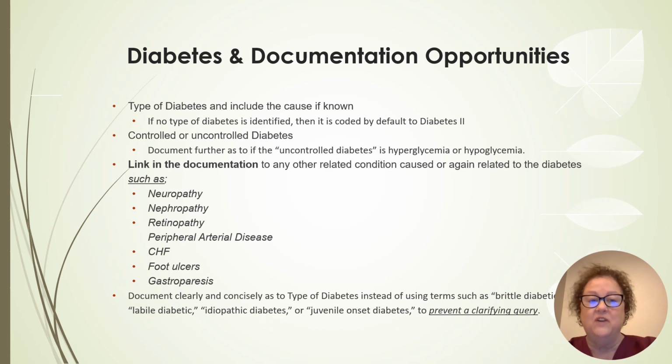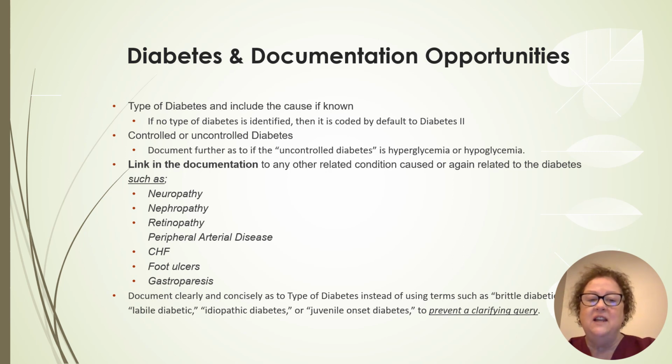So just be aware of that. If it's controlled or uncontrolled diabetes, further document if the uncontrolled diabetes is hyperglycemia or hypoglycemia. Link in the documentation to any other related conditions, cause, or again related to the diabetes.